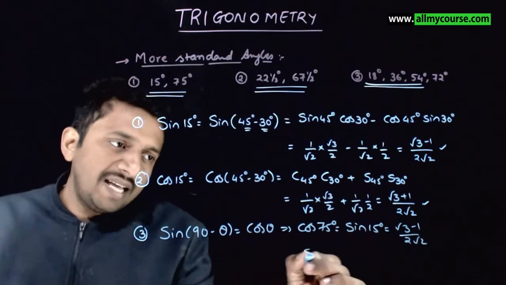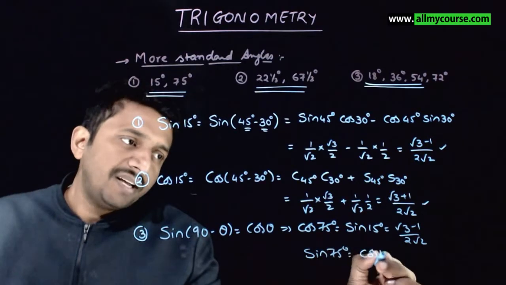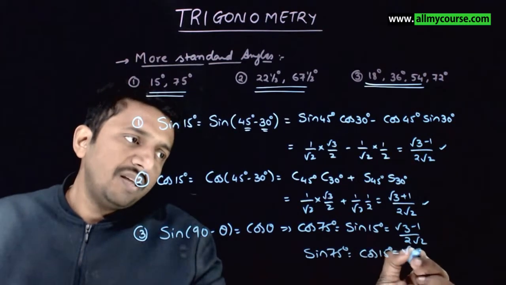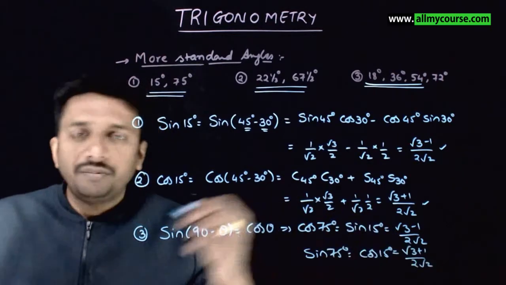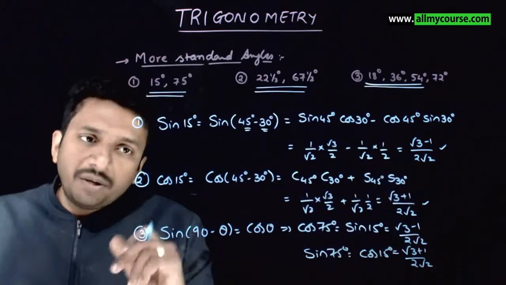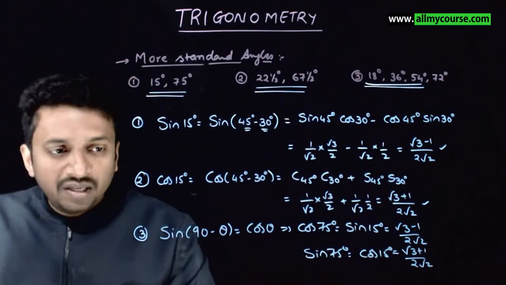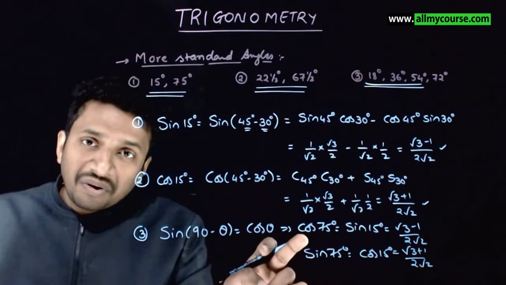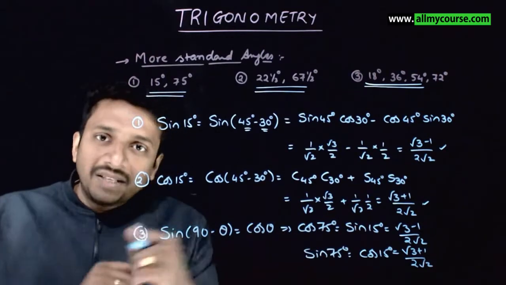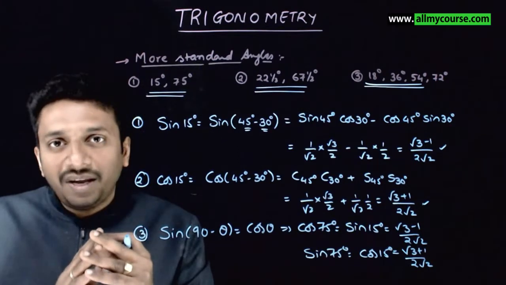Similarly, sine 75 degrees is equal to cos 15 degrees, which is (root 3 plus 1) by 2 root 2. So sine 15 is (root 3 minus 1) by 2 root 2, cos 15 is (root 3 plus 1) by 2 root 2, cos 75 is (root 3 minus 1) by 2 root 2, and sine 75 is (root 3 plus 1) by 2 root 2.